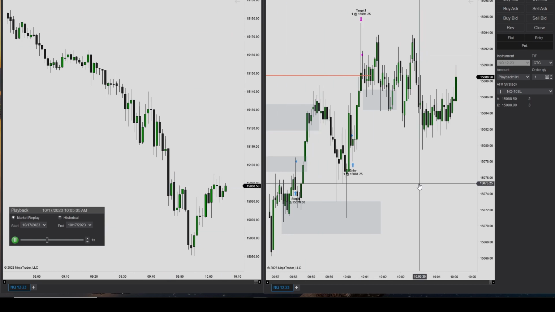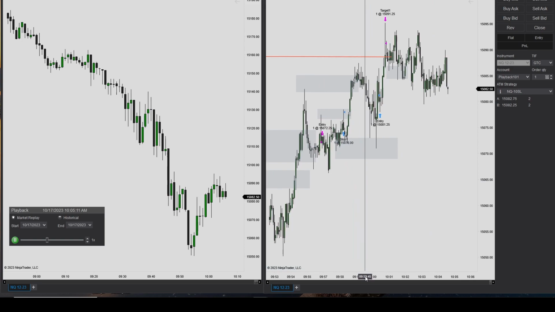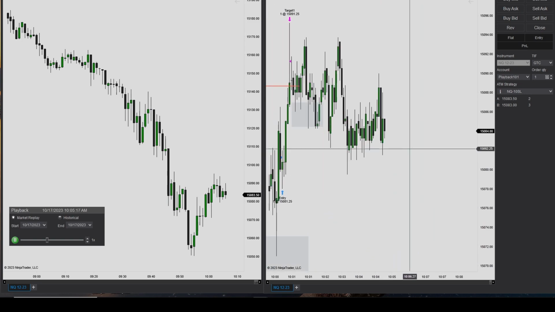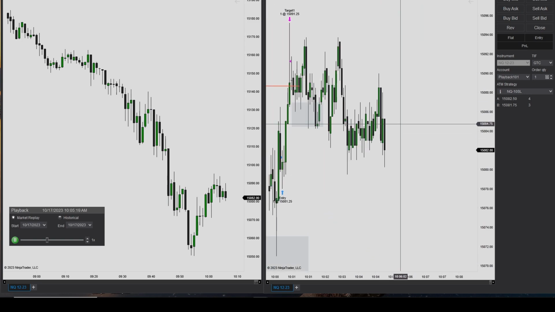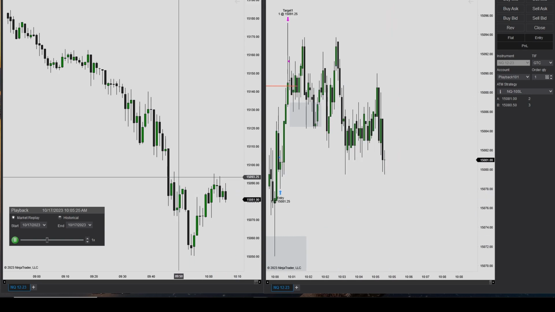Alright. A little fake up. Take out this liquidity down there. Each one of these 5-second candles is like 5 points, you know. So there's a lot of opportunity in there.